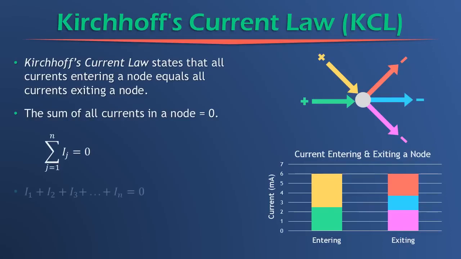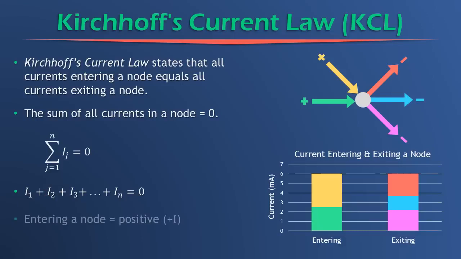In practice, we write a KCL equation for a node in the form I1 plus I2 plus I3, just like we have in this equation here, and we set that all equal to 0, as we learned before, because the sum of all currents in a node equals 0. And I1 and I2 and I3 are just all the currents coming in and out of the node, if you didn't catch on.